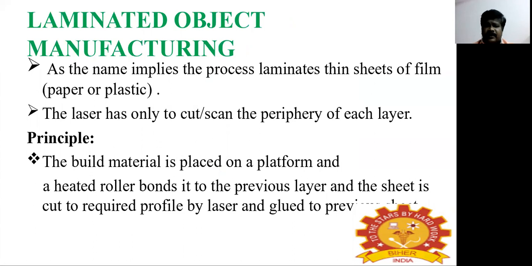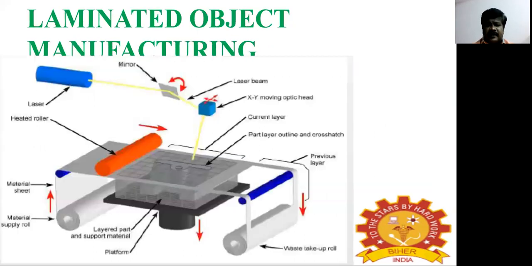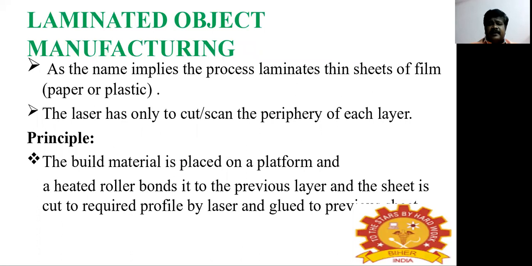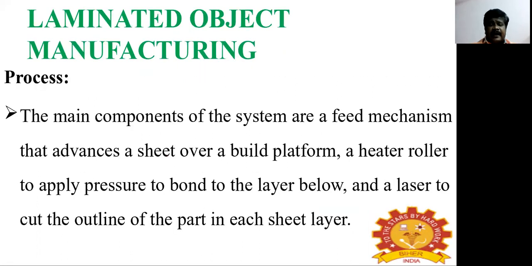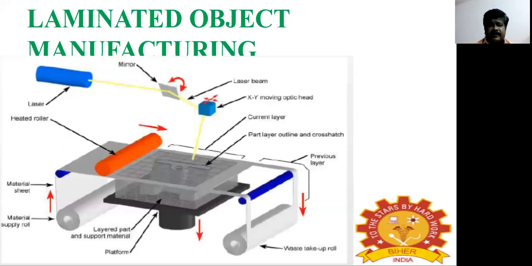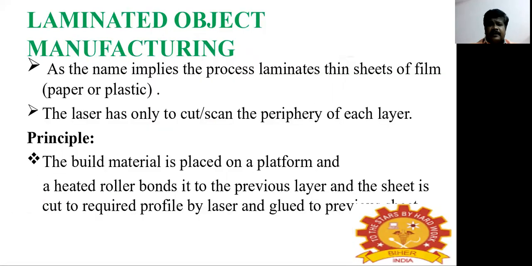The laser beam will cut or scan the periphery of each layer. You can see here each layer: the current layer, part outline, cross hatching.